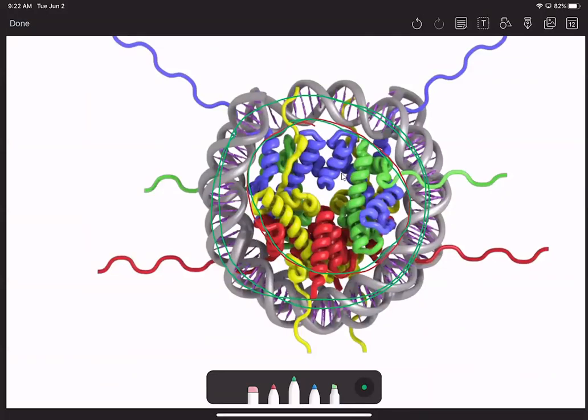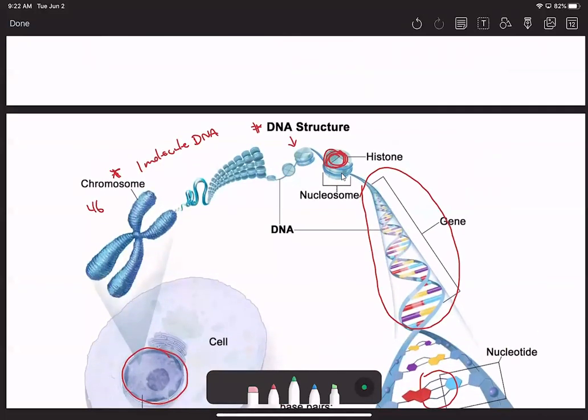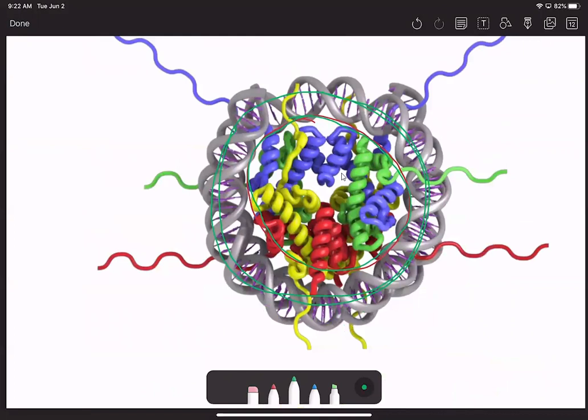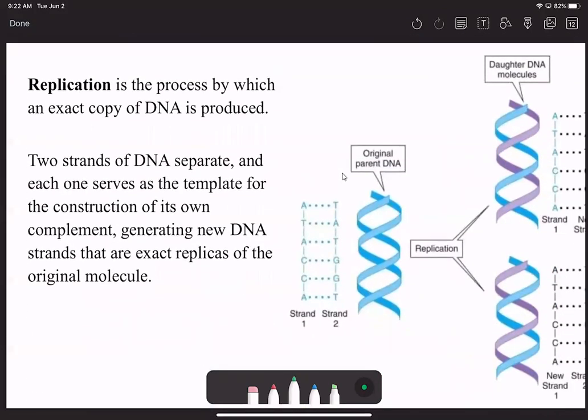A histone is a protein, and they don't actually look like these little silver buttons here. There's actually some protein quaternary structure that's set up there, and then our DNA is wrapped around that. Not going to be tested on that, but I do like my students to know that it's not a little silver button.